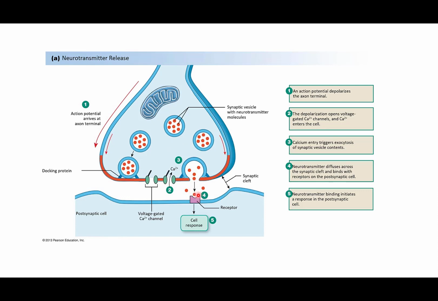Those neurotransmitters then bind if we have the appropriate receptor protein on that membrane. They will bind, and that triggers a cellular response. So these steps of depolarization, calcium gates being opened, calcium intracellular concentrations increase, that triggers exocytosis, and neurotransmitters get released in the synaptic cleft, is what occurs at the end of each action potential.